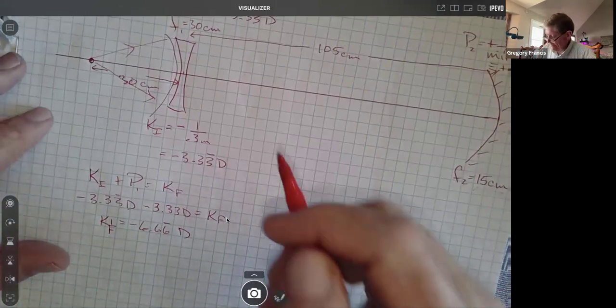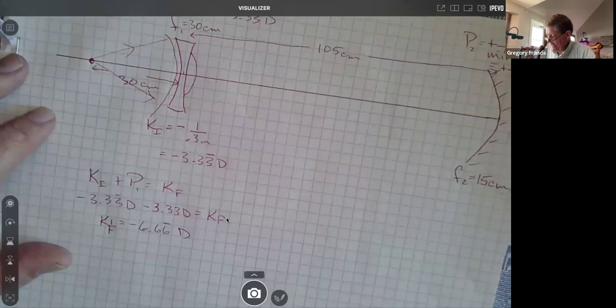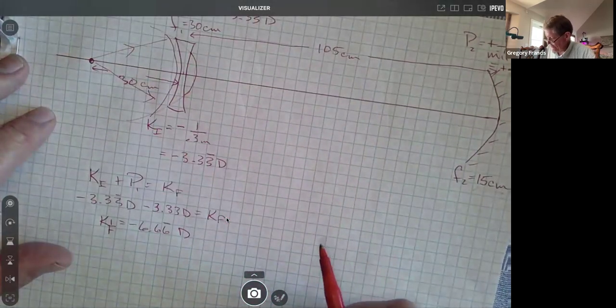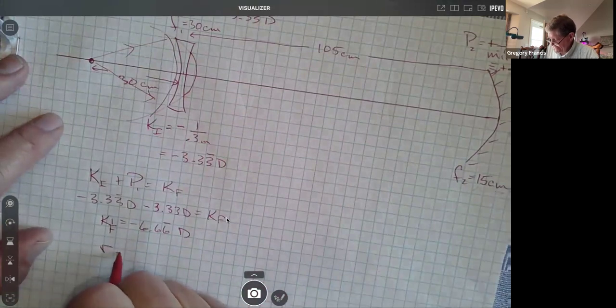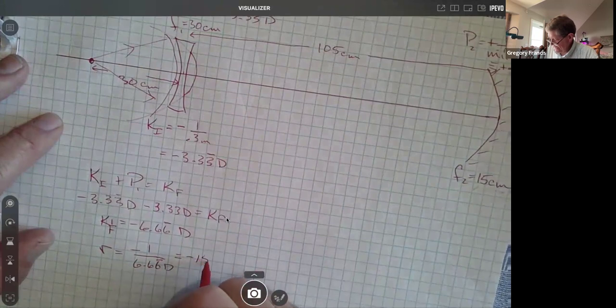Now, what that means is that when it comes out over here, it's going to appear to be part of a circle that has radius of negative 1 over 6.66 diopters. And that's going to give me negative 15 centimeters.